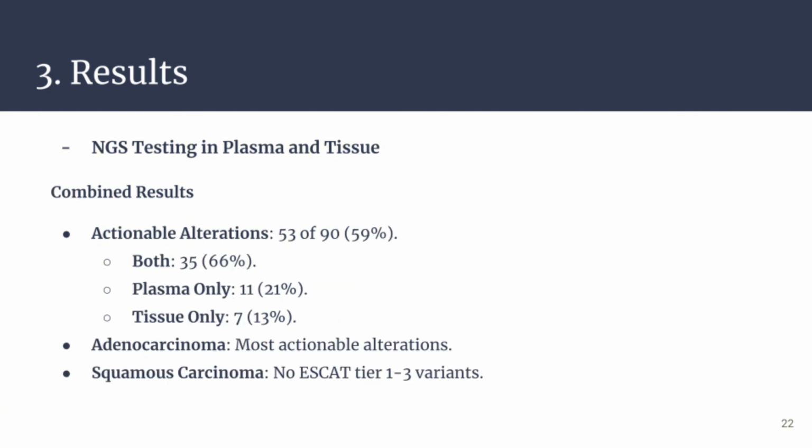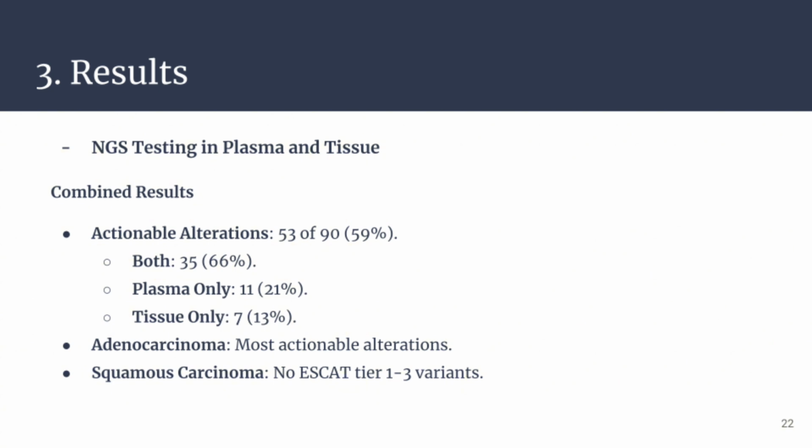Combining both plasma and tissue results, 53 of the 90 patients, or 59%, had actionable alterations identified by either method. Of these, 35 patients, or 66%, had actionable alterations detected in both plasma and tissue. 11 patients, or 21%, had alterations detected only in plasma, and 7 patients, or 13%, had alterations detected only in tissue.